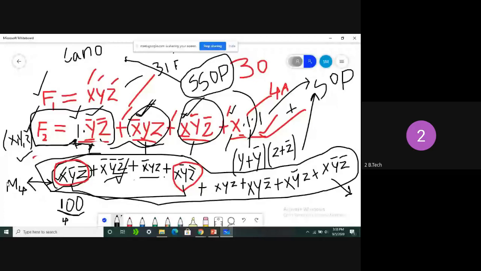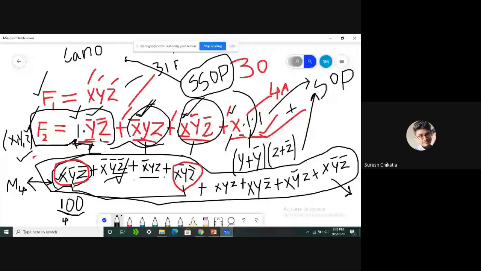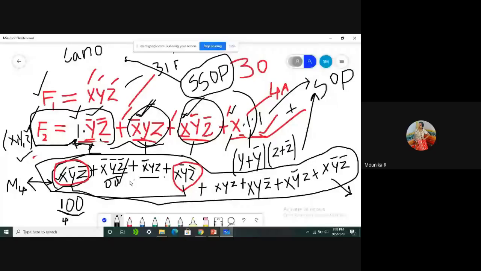What is the other term? In the second term, we have X bar, Y bar, Z bar, that is 0, 0, 0. So that is M naught. Like this, using min terms also we can give the representation of the logic of F2.